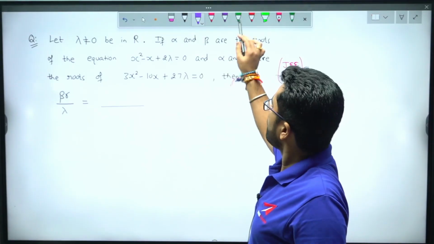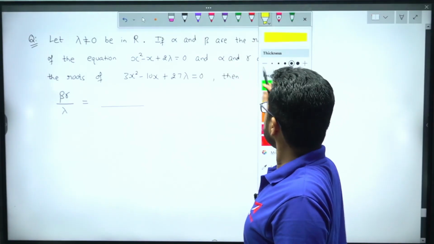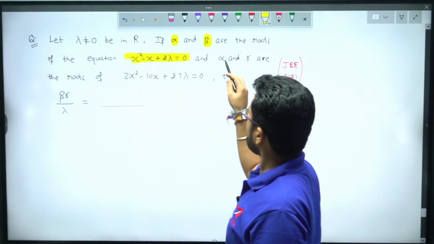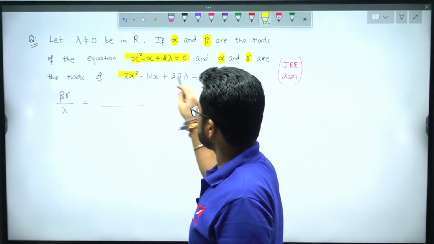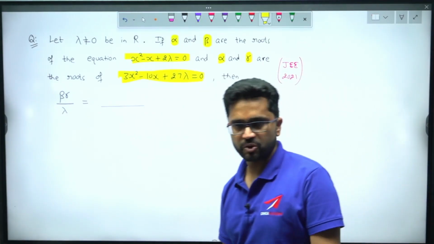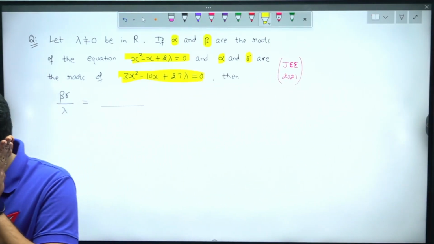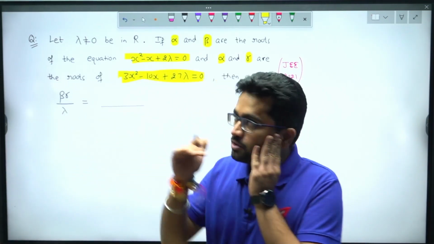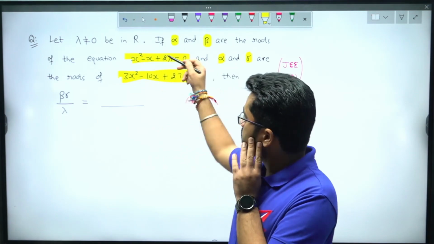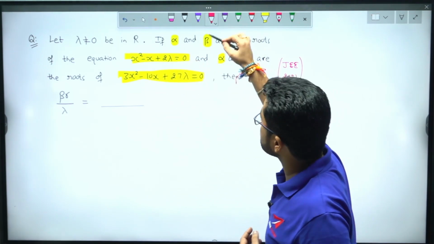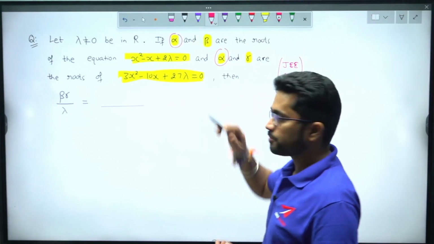If alpha and beta are the roots of this equation and alpha and gamma are roots of the next equation, then find the value of beta gamma by lambda. I think the two quadratic equations have only a single common root, named alpha.